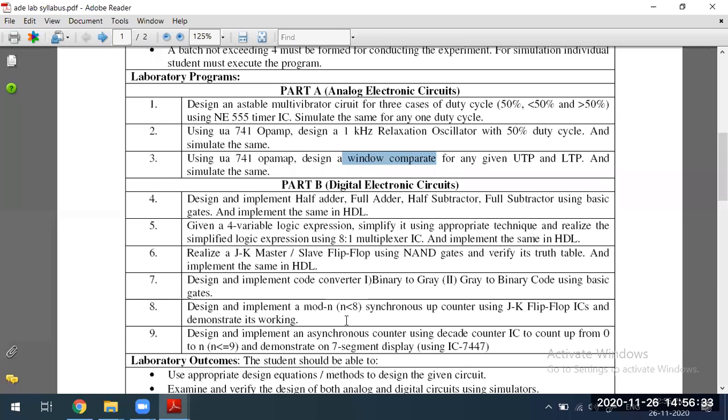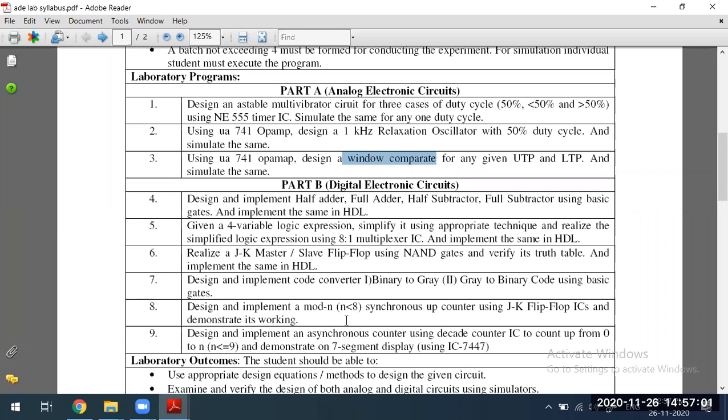Since it has so many applications, one application is the window comparator. We are using an operational amplifier. The IC number is 741. That number you are seeing in the problem statement. 741 is an operational amplifier. One application of the operational amplifier is the window comparator.